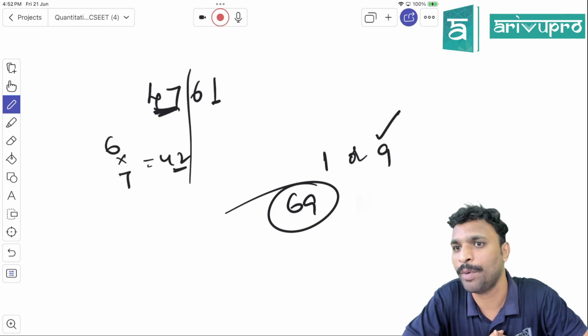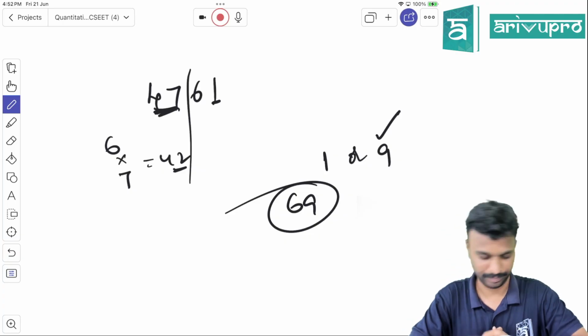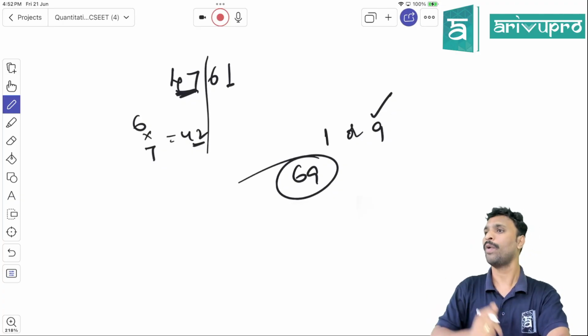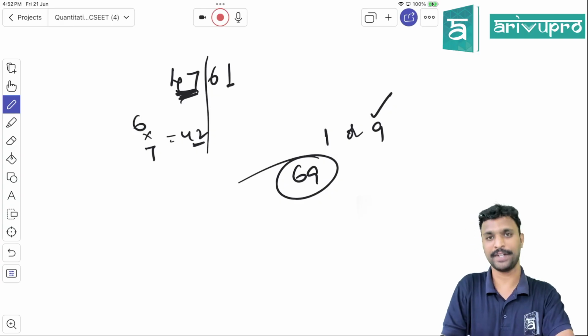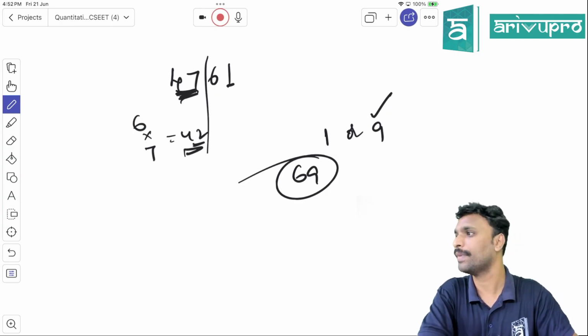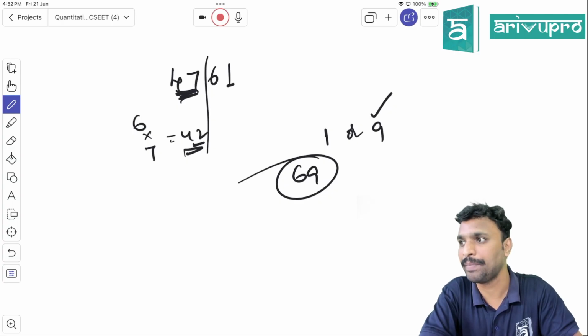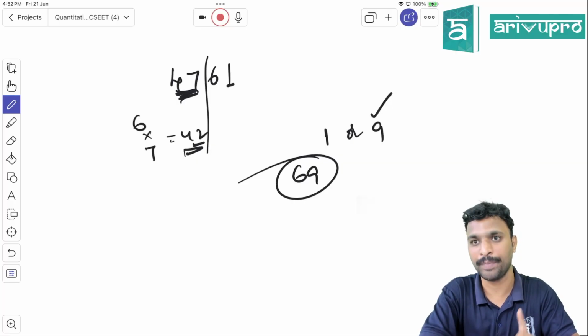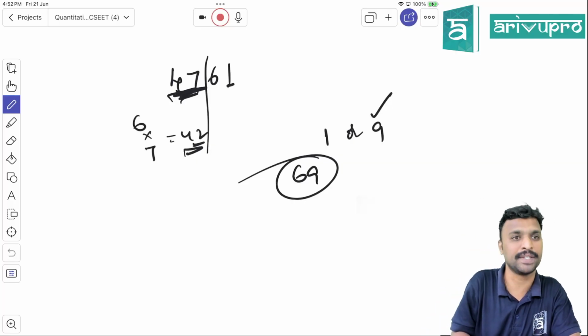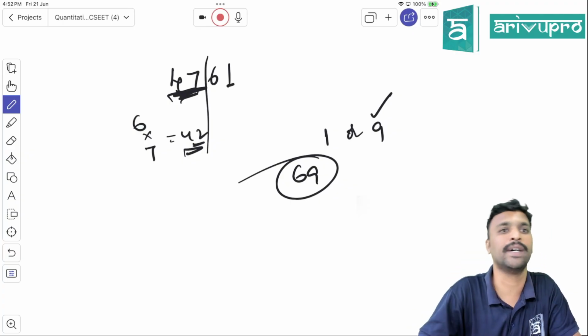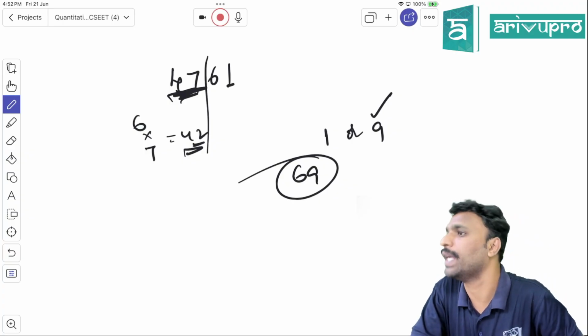One more thing. What if this number is the same as the product? Then you have to take the greater number only. If the product is equal to this number, then you have to take the greater number only.